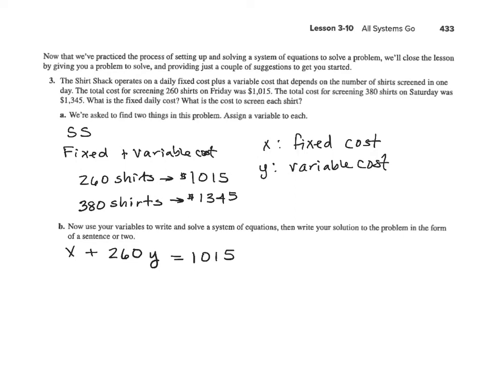All right, let's look at this next scenario. So again, the fixed cost plus the 380 shirts times the variable cost was $1,345. So go ahead and pause this and see if you can find the solution.